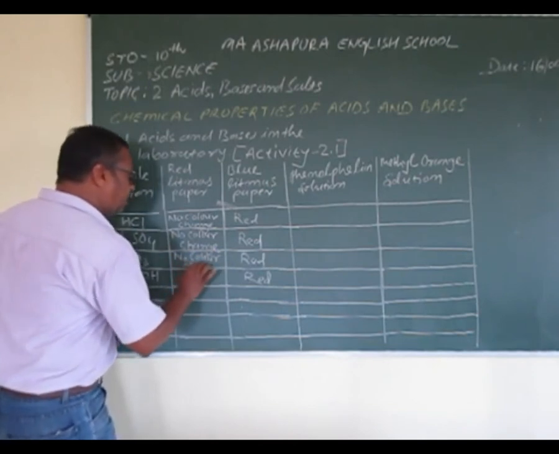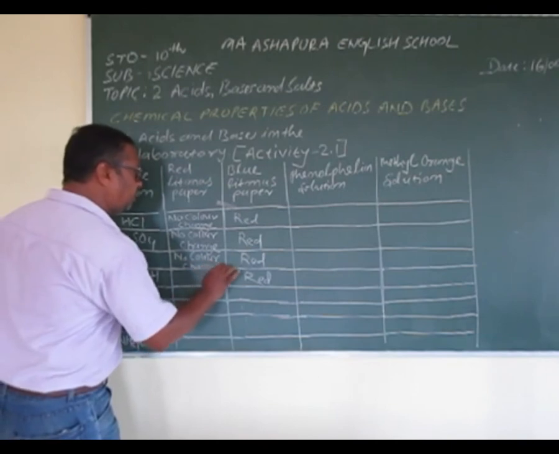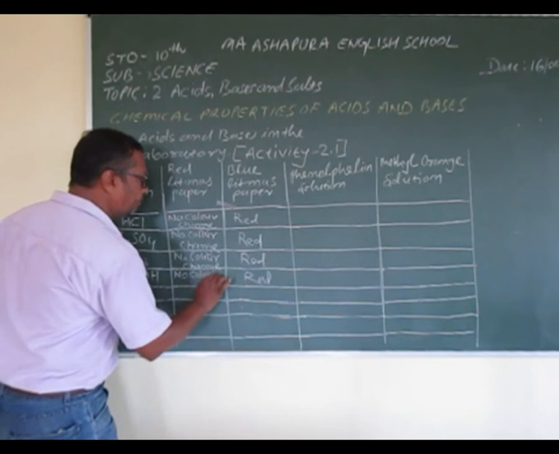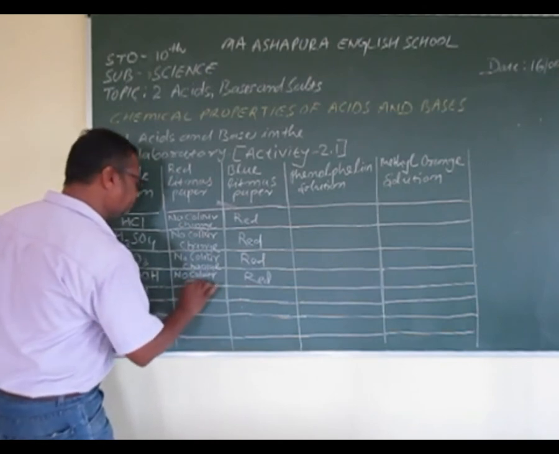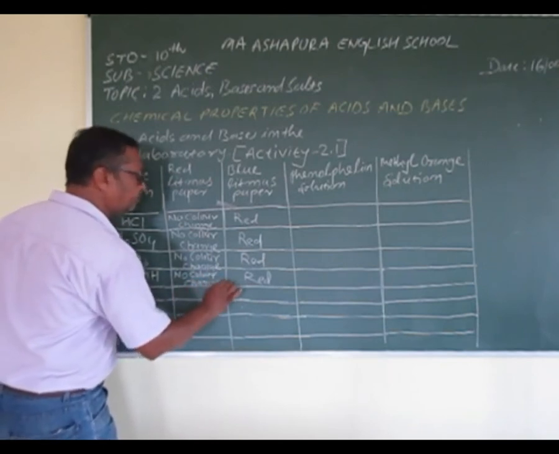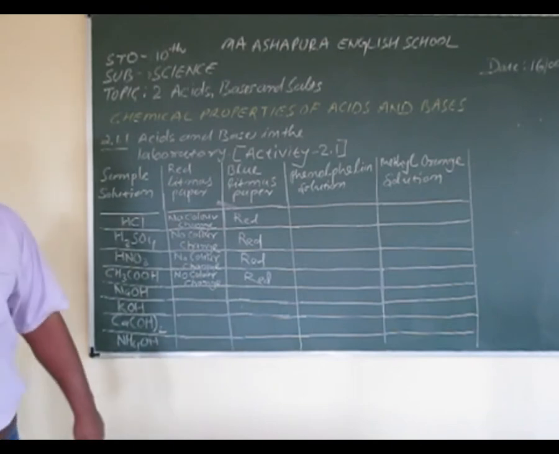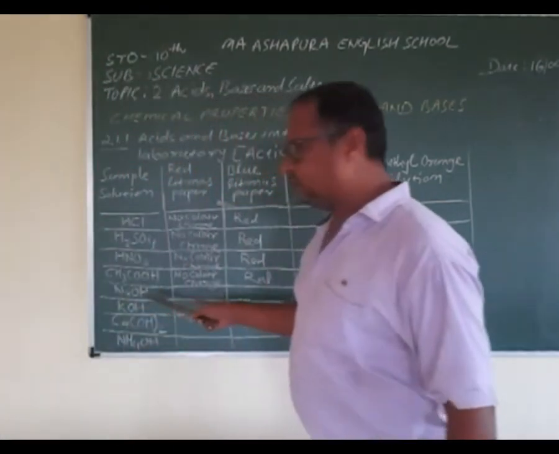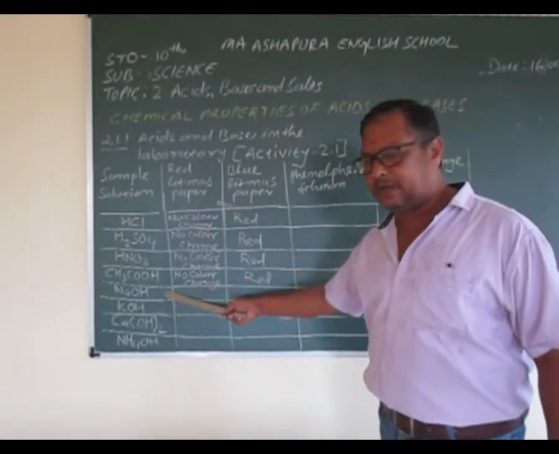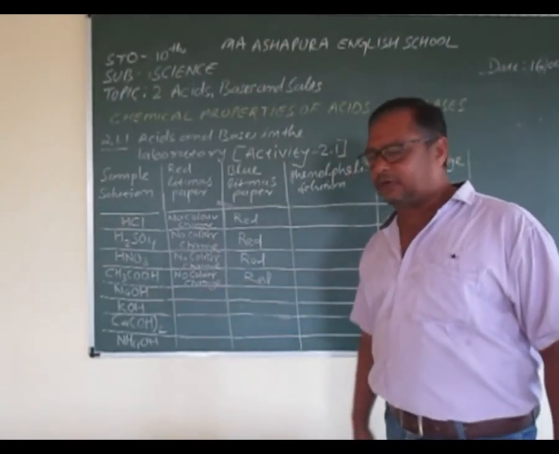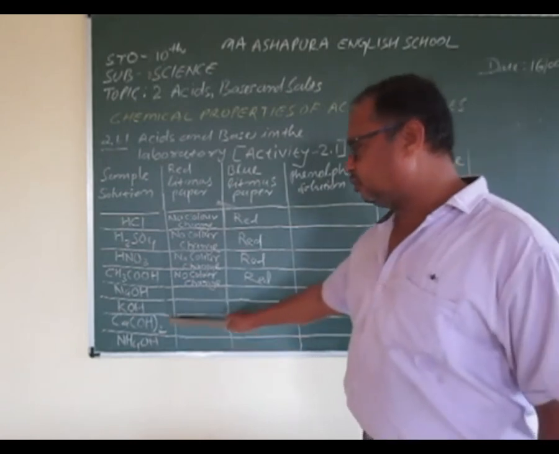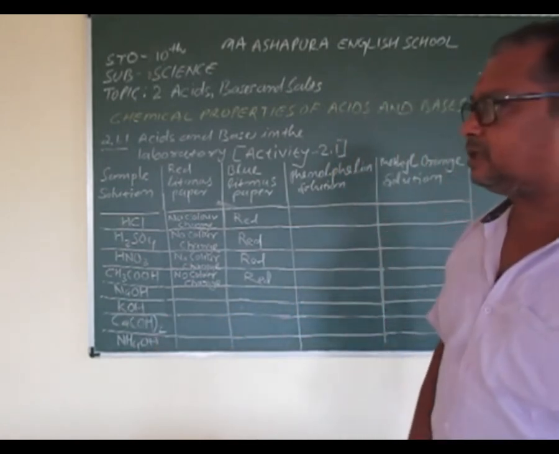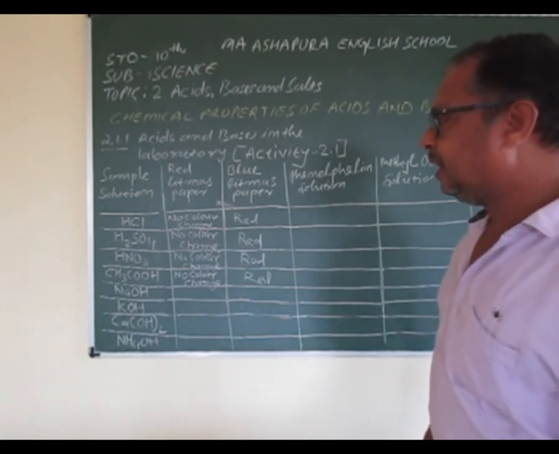Please write down observations in your notebook. Now we turn to some samples of the bases. Which are they? First, NaOH, sodium hydroxide, KOH, potassium hydroxide, Ca(OH)2, calcium hydroxide, and last one, NH4OH, ammonium hydroxide.